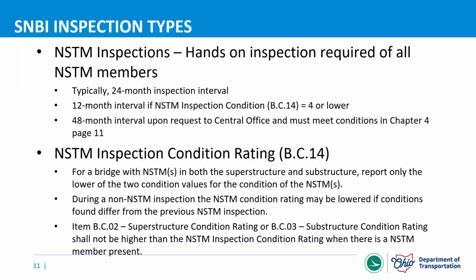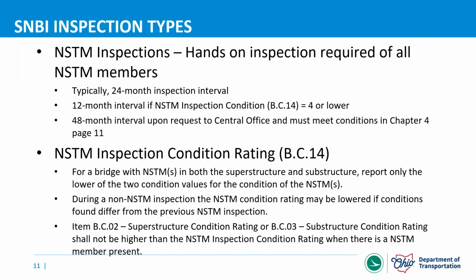So right, if your bridge is not NSTM or does not have any NSTMs, right, this will be N. But if you have BIR 02, NSTM yes, no, coded yes, then we do expect BC 14 to be populated. So again, at your next NSTM inspection, please make sure you are coding BC 14 NSTM inspection condition rating.